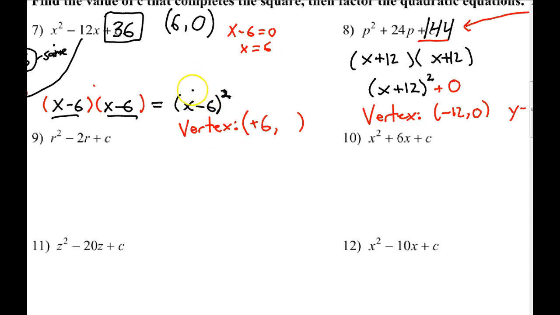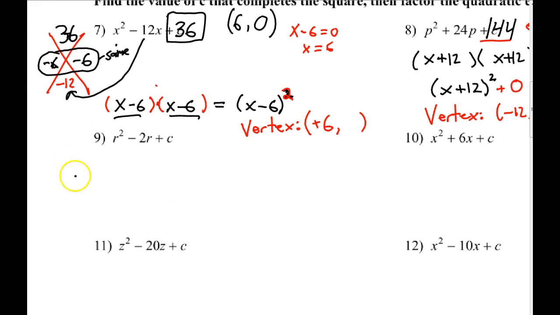But this is the key to vertex form: writing it with a power of 2, which means both of these have to be the same, which means you have to work this whole system backwards. But keep in mind that you're just doing the same thing you've done before. What adds to negative 2, with both numbers the same so that they have the same factors?